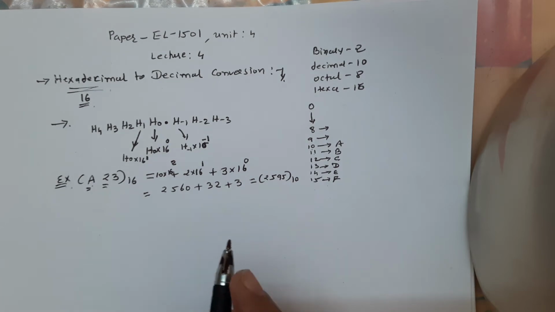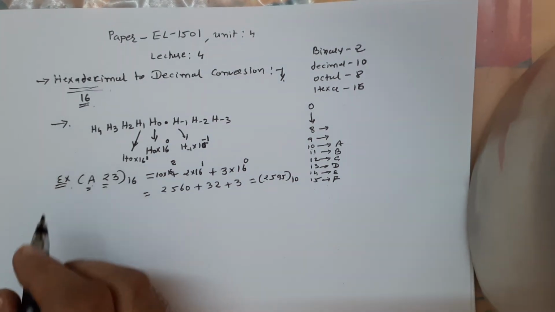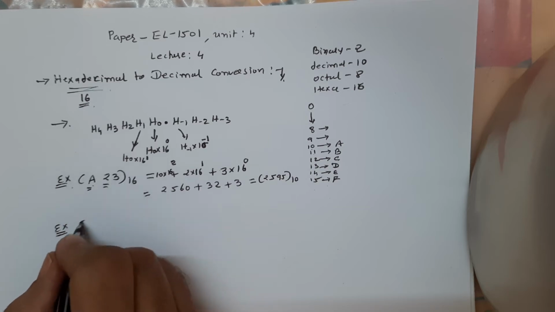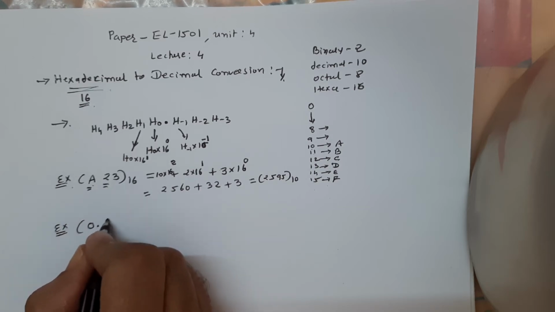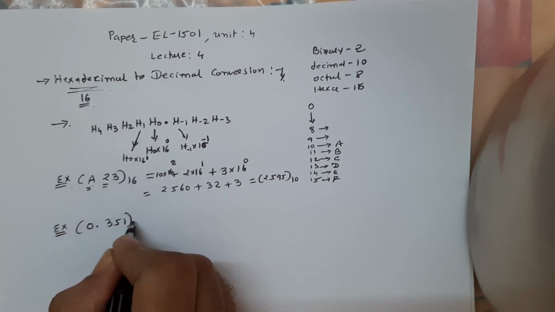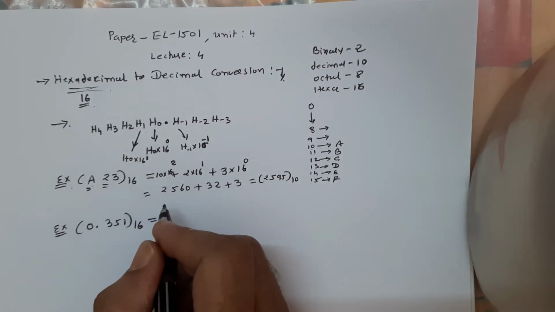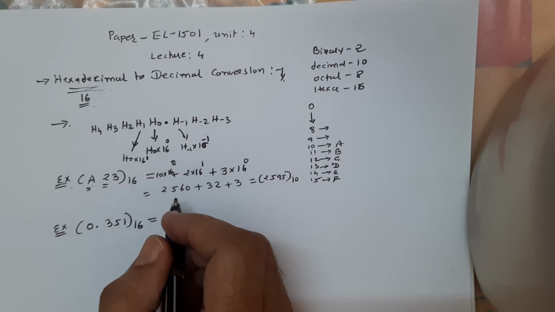Now the second example, the number is 0.351 hexa. We want to convert this into the decimal number.